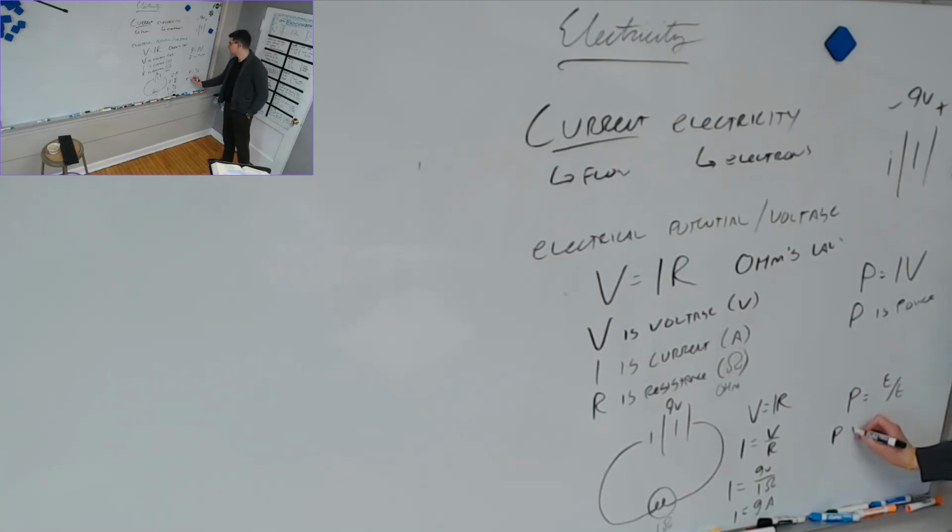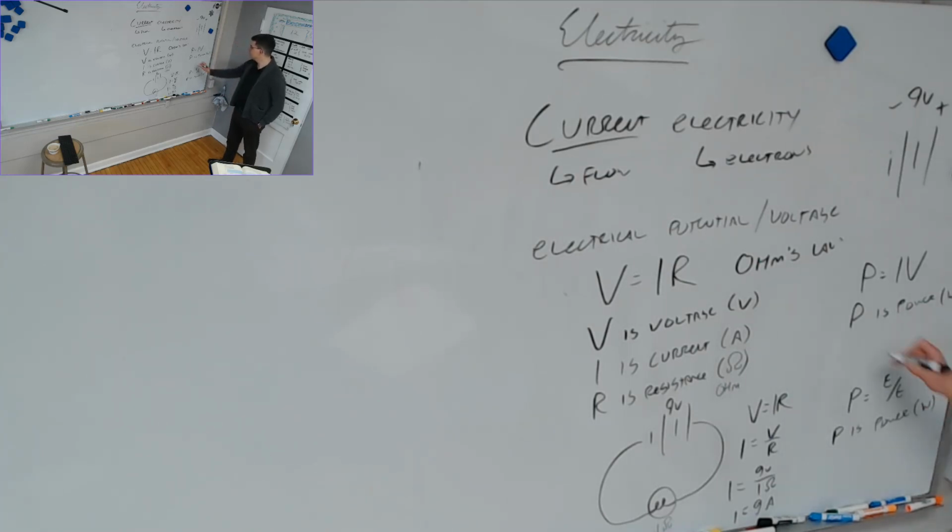Where P is power. What do we measure power in? Watts. I, as I just said, is current measured in amperes, or amps.